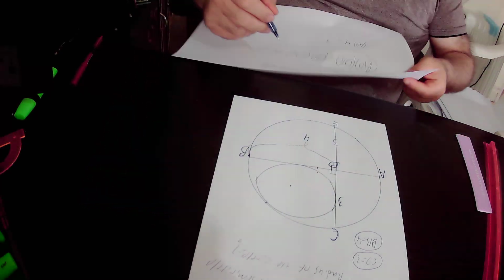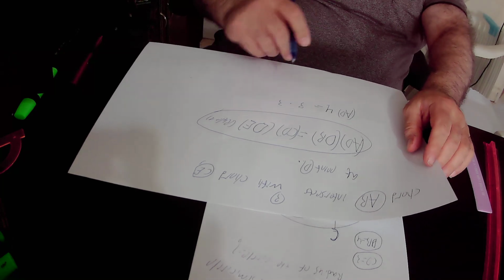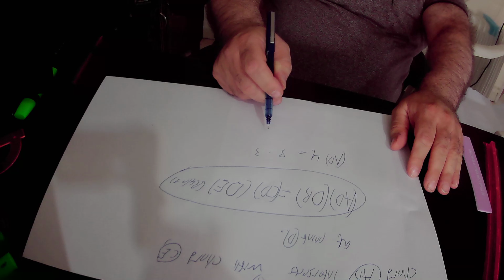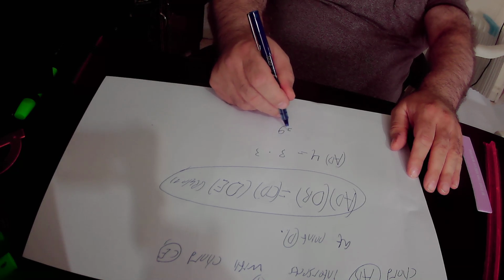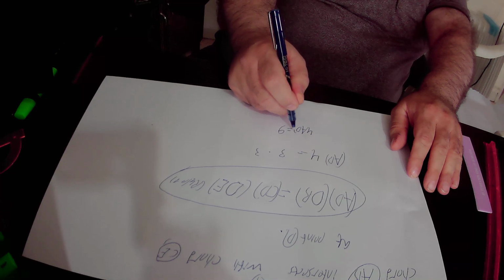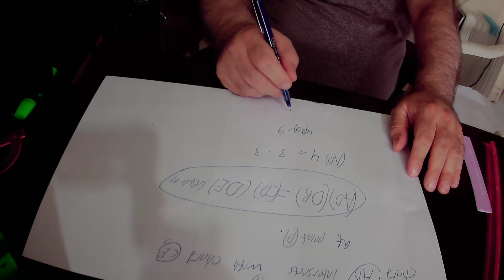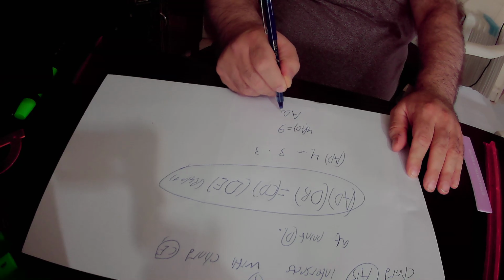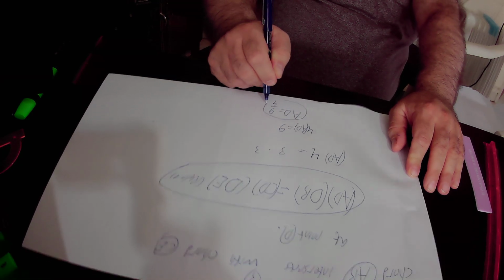We have already found out that DE is also equal to 3 units. So in conclusion, according to rule number 1, AD times 4 equals 3 times 3. 3 times 3 is 9, and 9 equals 4 AD. So here we divide this equation by 4, and we get that AD, the missing line segment AD, equals 9 over 4 units.